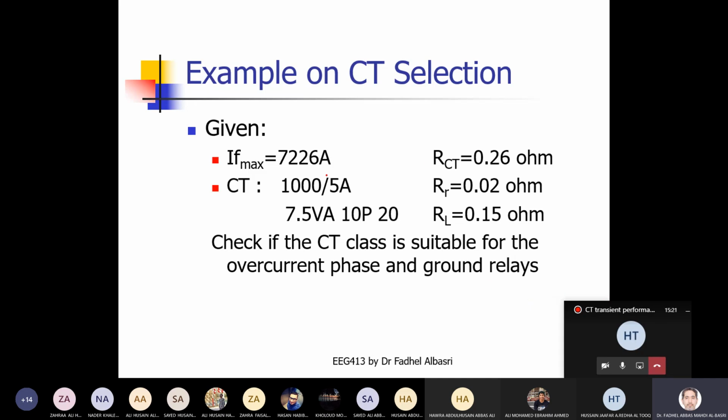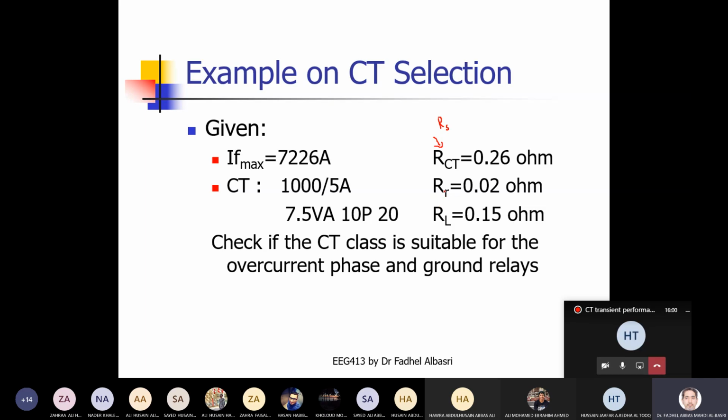Now let's take a practical problem, a realistic problem. I have a CT that I want to select. I want to check if it is suitable or not, if it is adequate or not. The CT ratio is given, and the CT secondary resistance, this is the CT resistance RS according to the equivalent circuit.